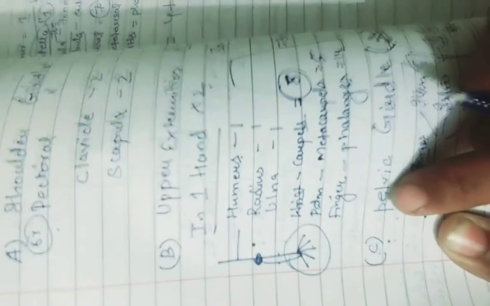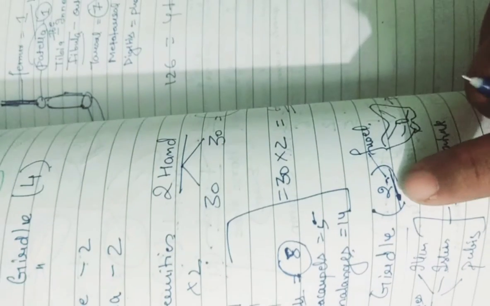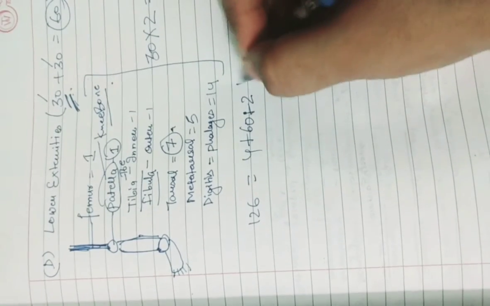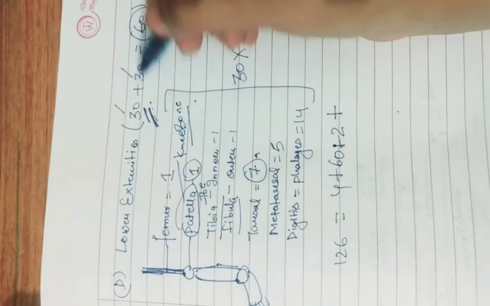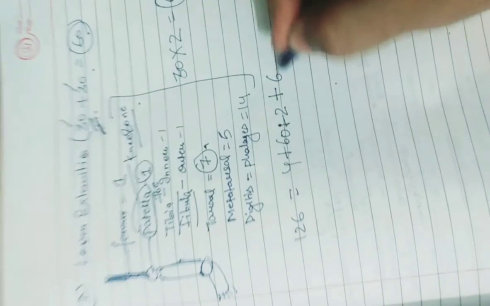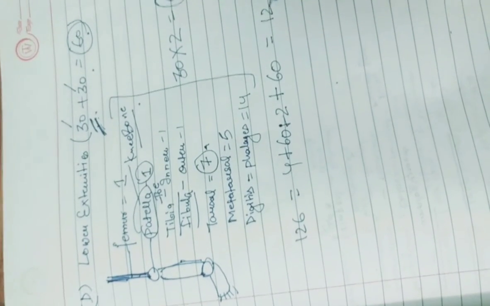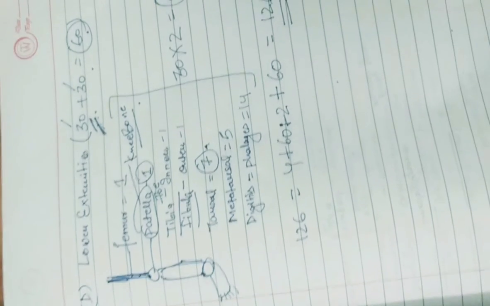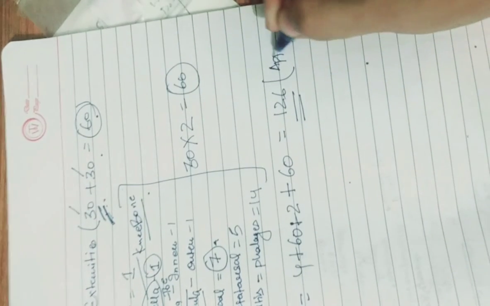Then pelvic girdle, 2 bones fused, so plus 2. Then 30 plus 30 equals 60 in your legs. Total 126 bones in your appendicular skeleton.